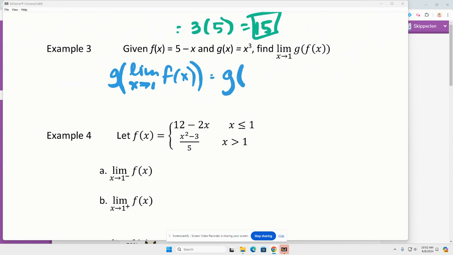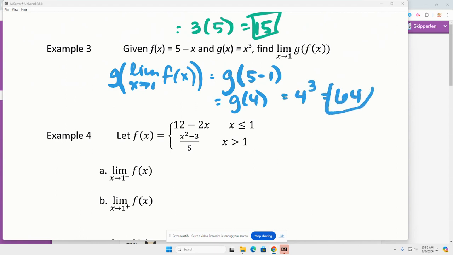So both of these, the limit is going to exist everywhere. You would never get anything in the denominator. So I would just take 1 and I would plug it in to f of x, by direct substitution. And now it's just regular function notation: find G of 4, which means just plug that in and cube it. So the final answer is 64.